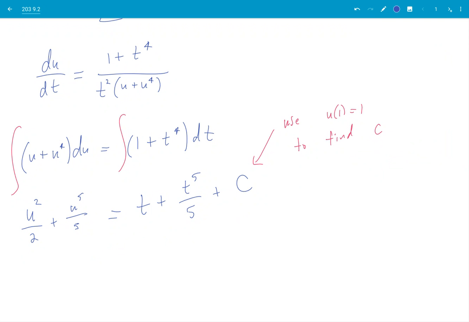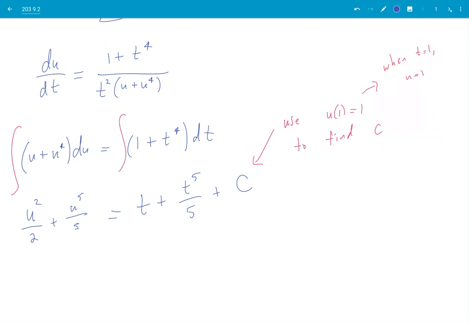That's just a quintic polynomial, too difficult, in fact impossible in some cases to solve. So I'm going to just find c and be happy with that. So again, what does this equation say? It says when t equals 1, u also equals 1.